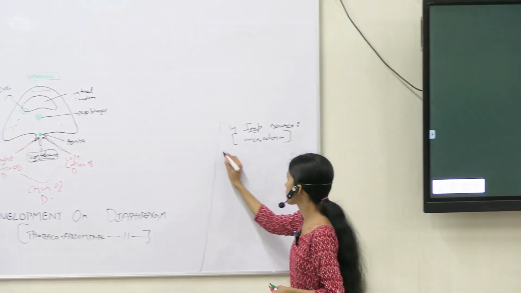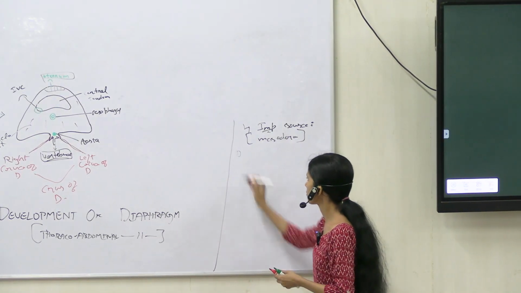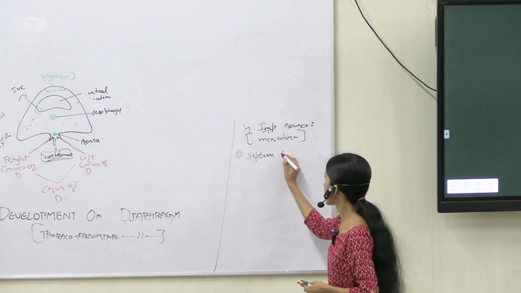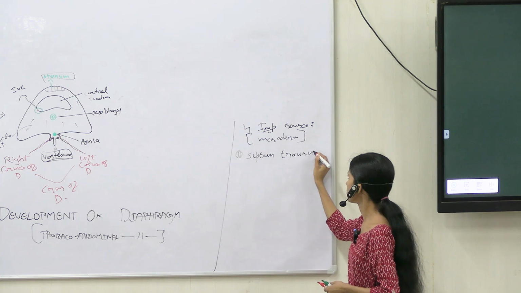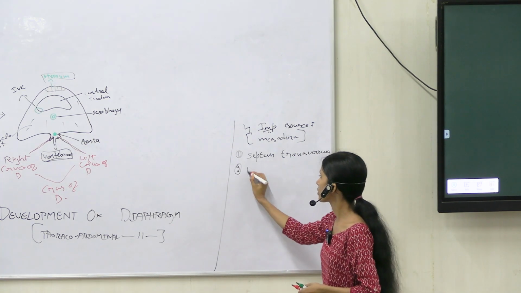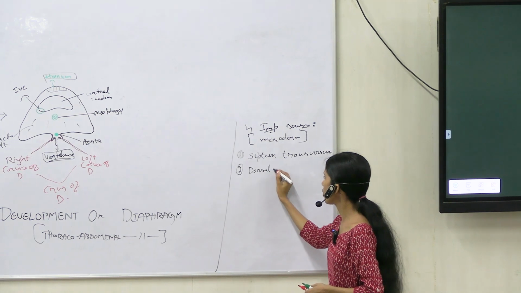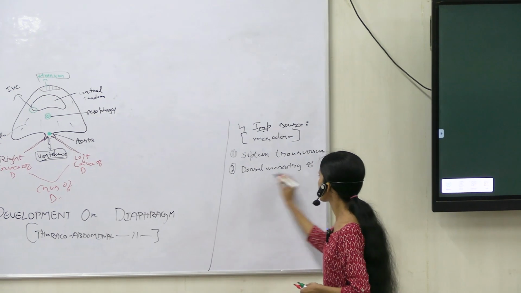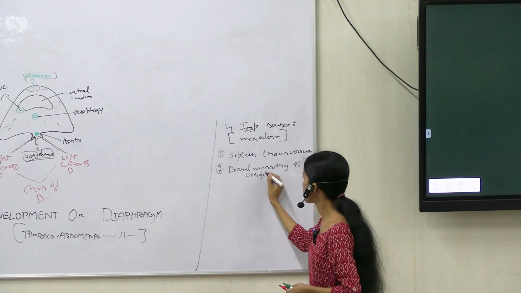The first one is septum transversum. Second one is dorsal mesentery of esophagus.